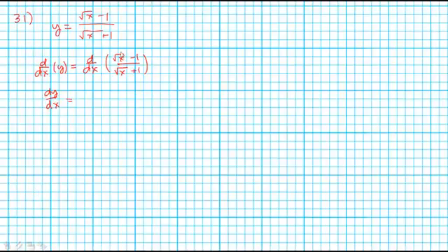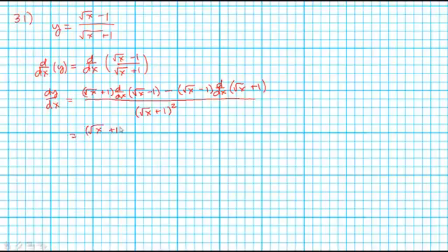This is going to be the bottom times the derivative of the top minus the top times the derivative of the bottom, and this is all over the bottom squared.